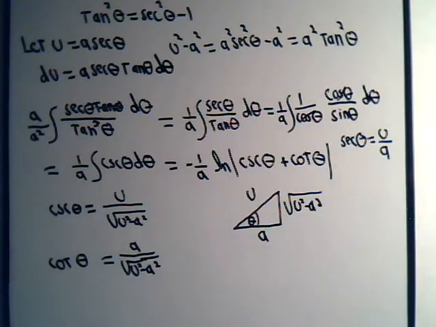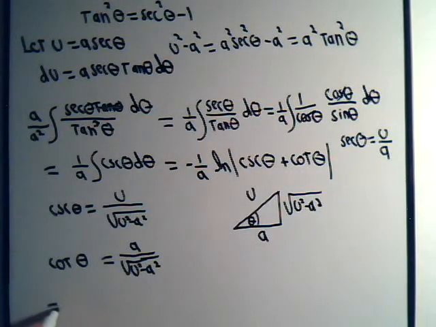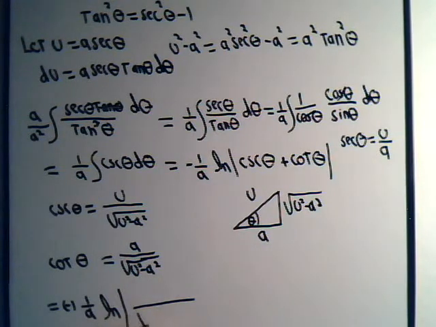Okay, so we should be all set. We're going back to here. This is minus 1 over a, the natural log, the cosecant of theta plus the cotangent of theta. This plus this. So we're going to have a common denominator here of the square root of u squared minus a squared. And up here we'll have u plus a.